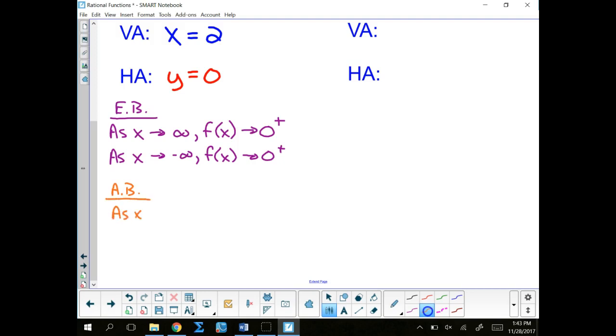As x approaches 2 from the left, what does my function do? And as x approaches 2 from the right, what does my function do? Okay.